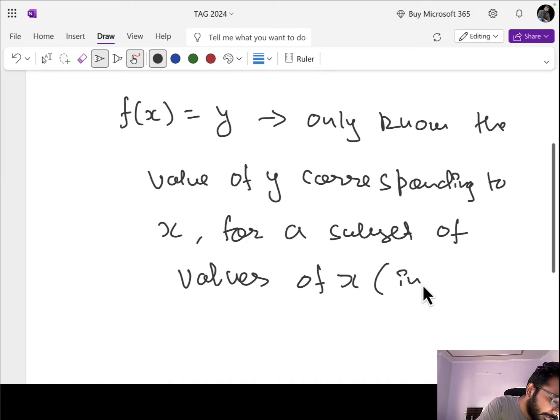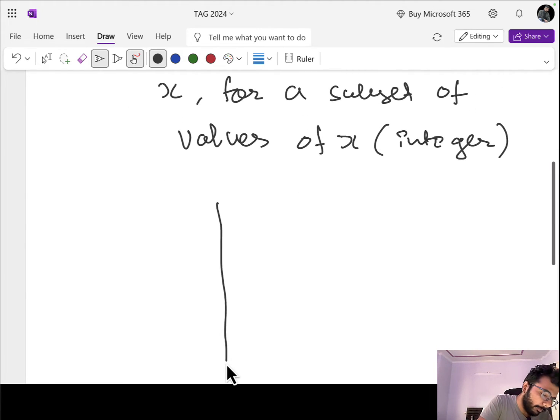Typically, this is integer values, or it can be any particular values of x against which you know y. Let me explain this through an example.